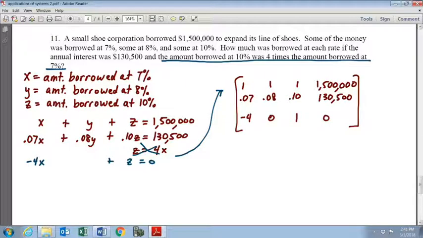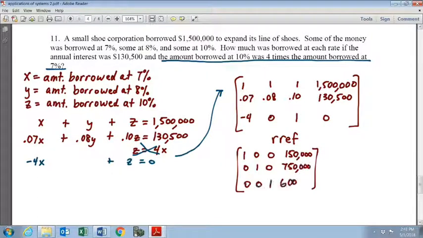So that's the matrix you ought to be using. And again, we're going to use RREF on the calculator to put it in reduced row echelon form. And you should get this matrix here. So that tells me that X, or the amount borrowed at 7%, would be 150,000.